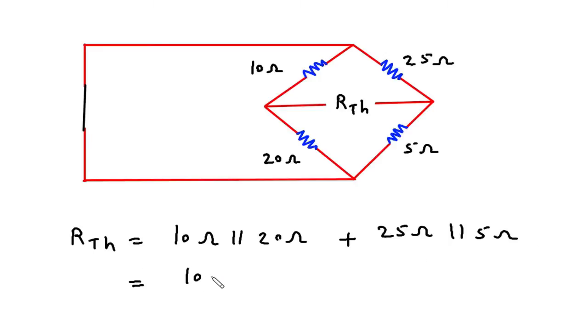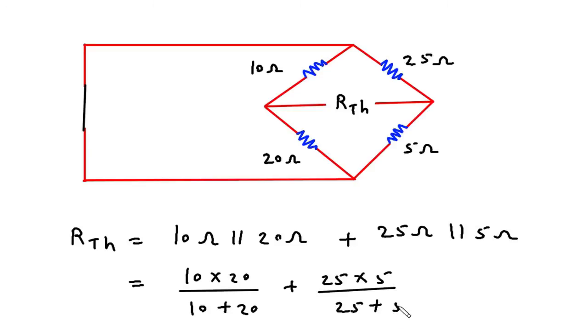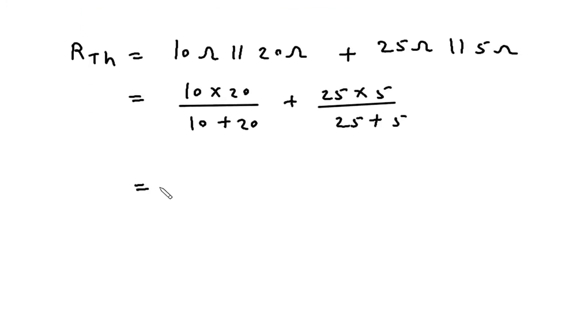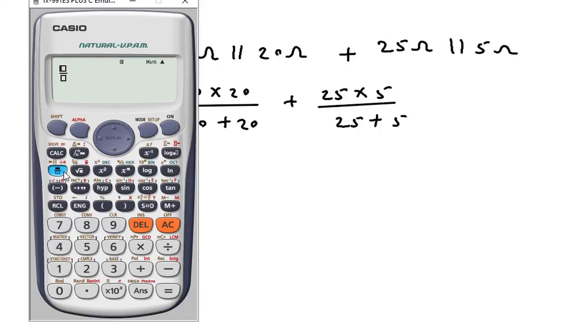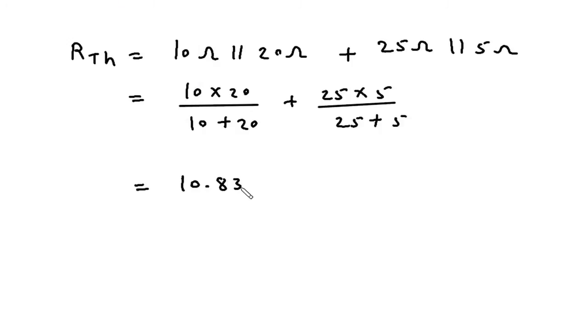So this will be 10 into 20 divided by 10 plus 20, plus 25 into 5 divided by 25 plus 5. So it is 10.83. 10.83 ohm is the value of RTH.